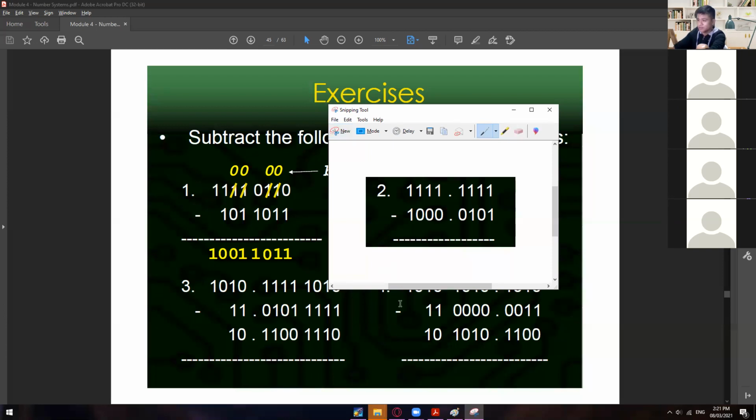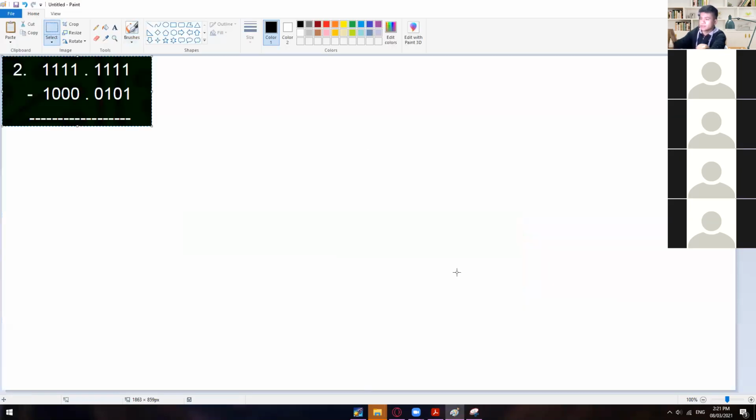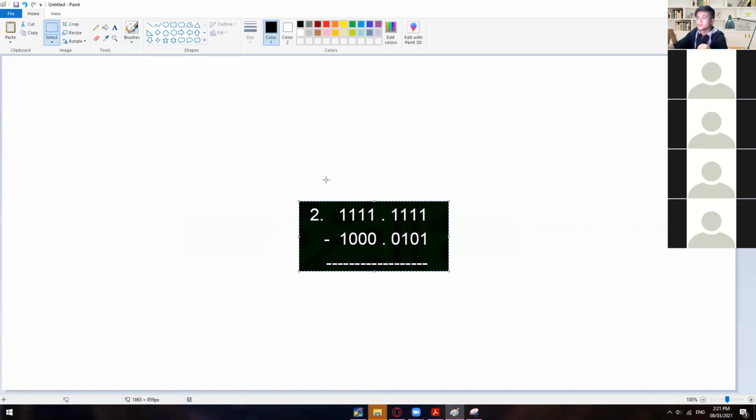This is already answered. So from here, 1 minus 1 is 0. 1 minus 0 is 1. 1 minus 1 is 0. 1 minus 1 is 0. And then 1 minus 0 is 1. Dot. 1 minus 0 is 1. 1, 1.